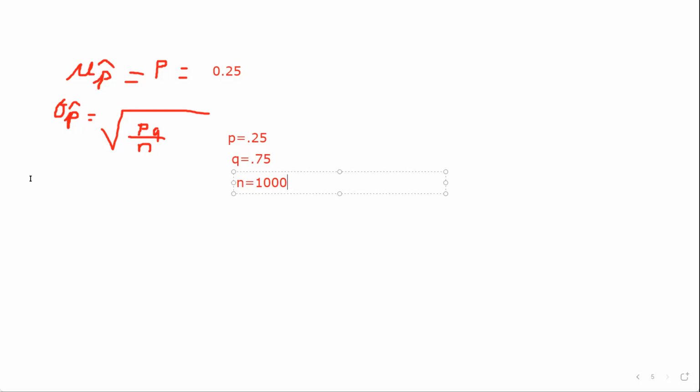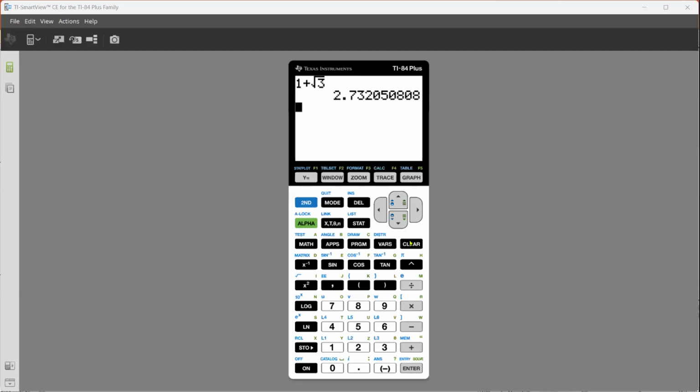When I put it in the calculator, let me show you that, because that's a good thing to know. Let me bring up the calculator here and I'll plug it in. It's taking a minute to open, so just bear with me. Let me clear this out.